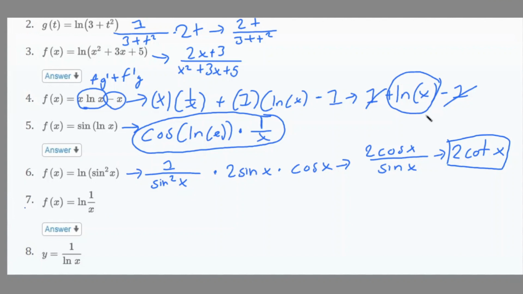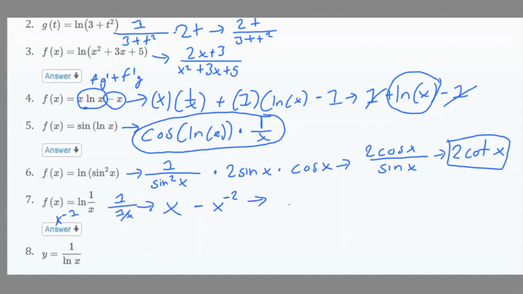Alright, so now we move on to number 7, which is f of x is equal to ln of 1 over x. So if we set it up, we're going to get 1 over x, which would just give us x. And then we need to find the derivative of 1 over x, which if we rewrite it as an exponent, we're going to have x to the negative 1 power. The derivative of x to the negative 1 power is going to be negative x to the negative 2 power.